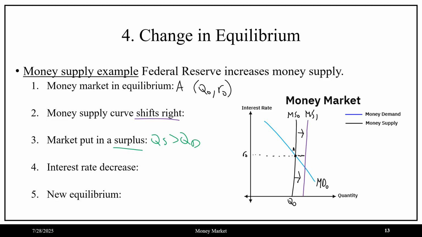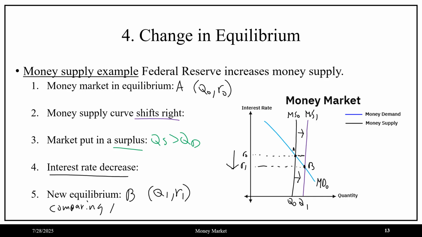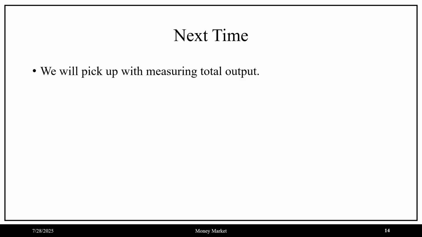So there is incentive for interest rates to decrease, until buying and selling behavior are compatible with each other once again in the money market, where we arrive at point B, where at point B, we now have a quantity level of Q1 and an interest rate level of R1, where comparing A to B, the quantity of money has gone up, while the interest rate, or the price on money, has gone down. Okay. So with that in mind, where we'll pick up next time is we'll consider measuring total output.